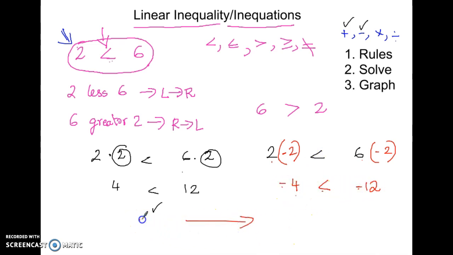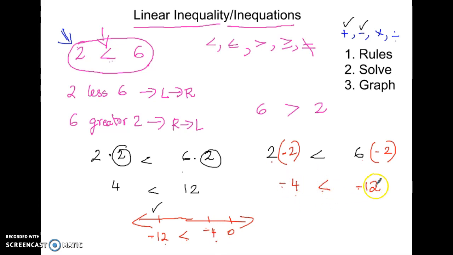So we know that on the number line, we have 0 here, we have -4 somewhere here, and -12 comes somewhere over there. And we know that on the number line, numbers on the right side are greater than numbers on the left side. So here, this is the only inequality that can be true. We know that -12 is less than -4.